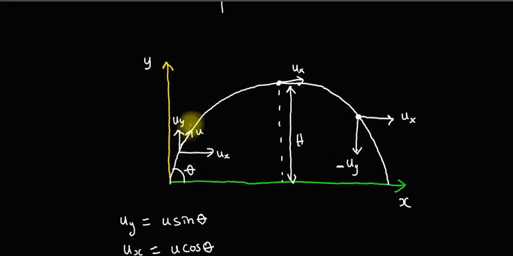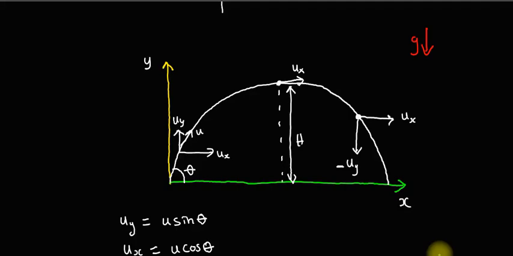So remember, it was going upwards before, the vertical component, but now the vertical component is coming downwards, and this is due to what? Acceleration due to gravity. The constant push of acceleration due to gravity on this object makes it follow this parabolic path.